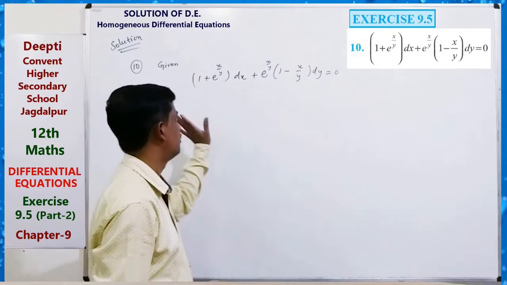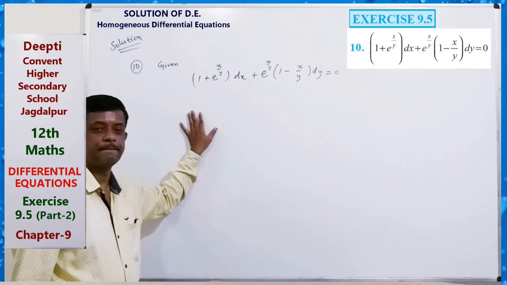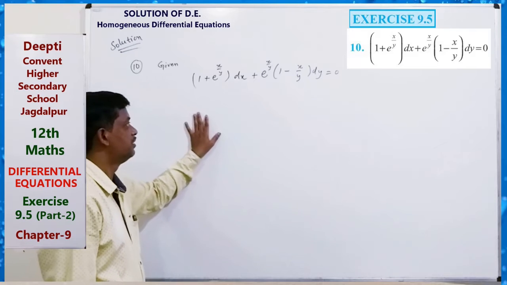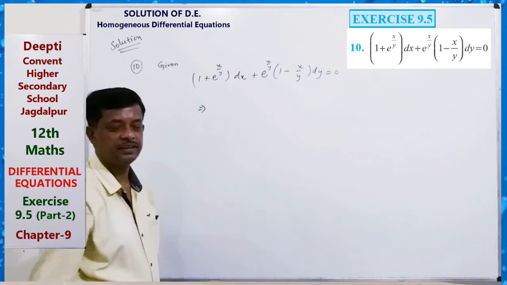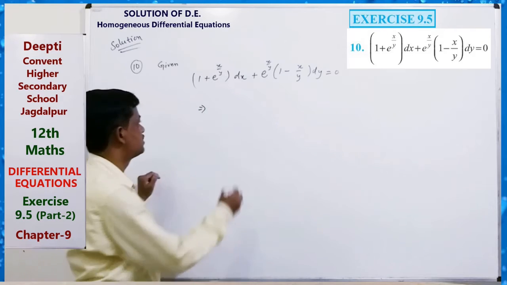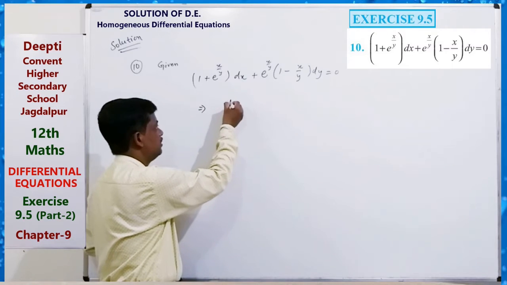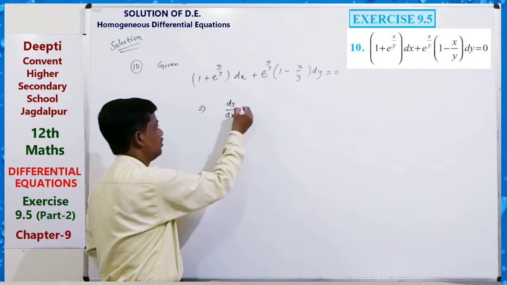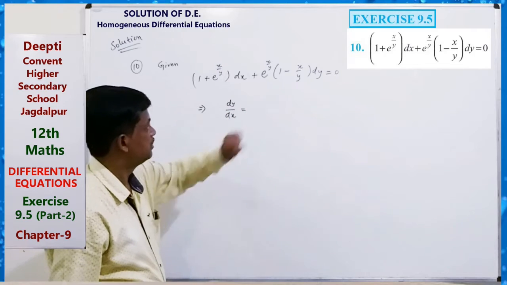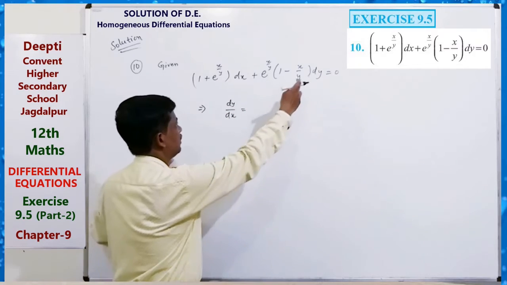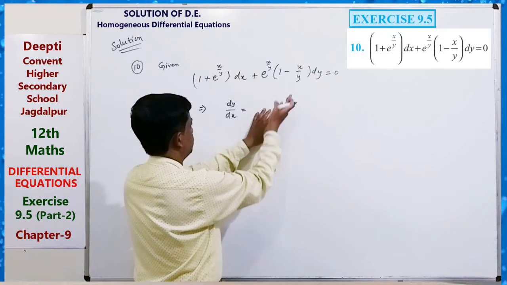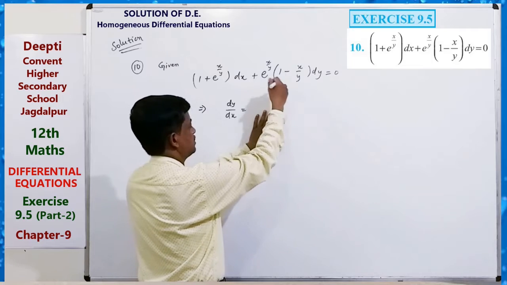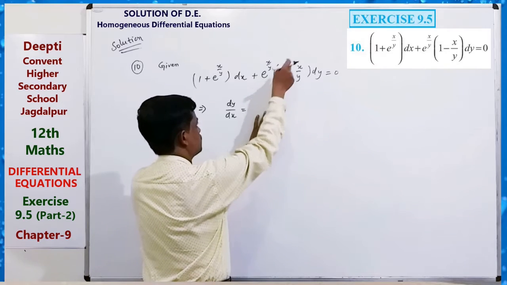It can also be solved because from here we can write dy/dx equals what? Transferring the minus sign, it can be adjusted by taking x/y minus 1.